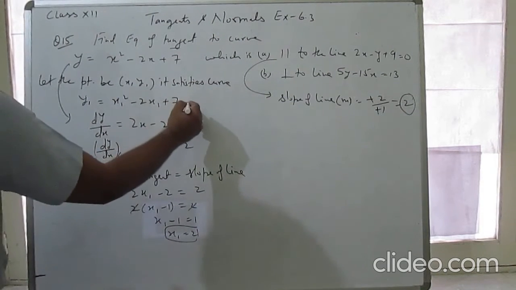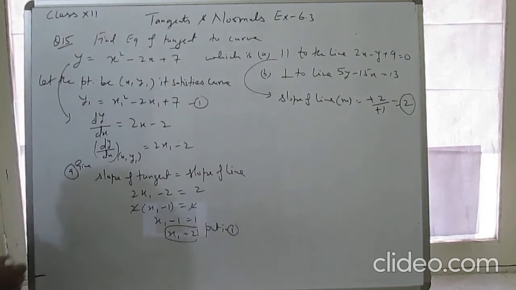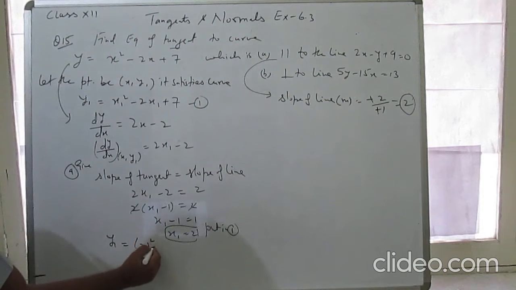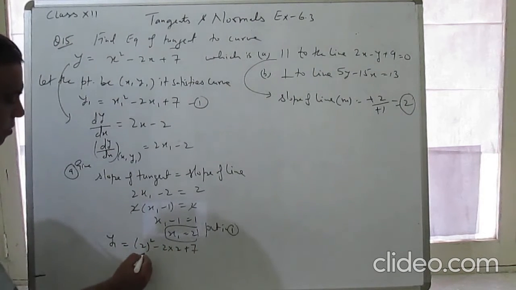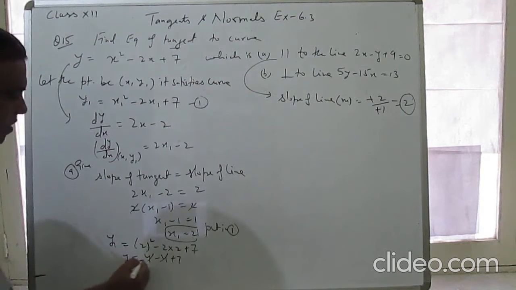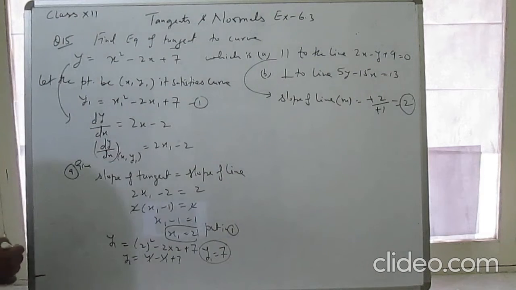Put in the curve equation and you will get y1. y1 is equal to 2 square minus 2 into 2 plus 7, this is 4 minus 4 plus 7, it means y1 is equal to 7. The point is (2, 7).